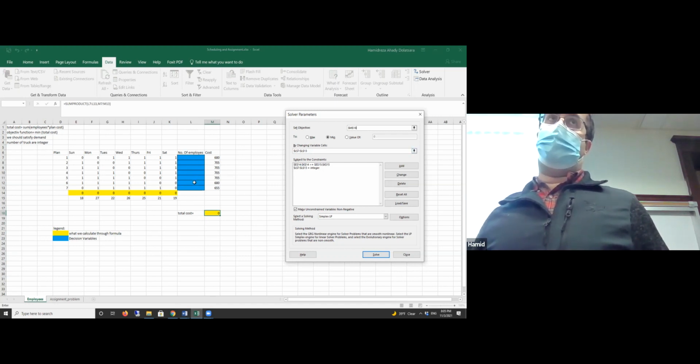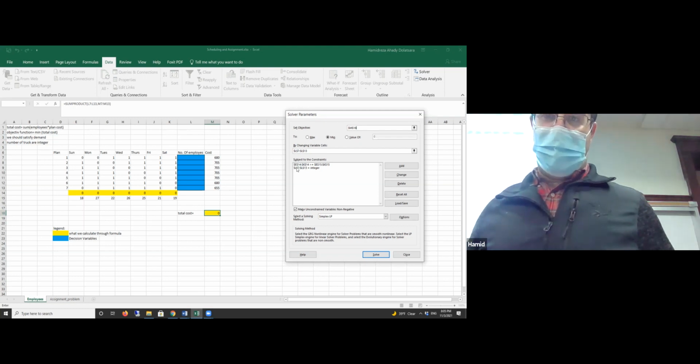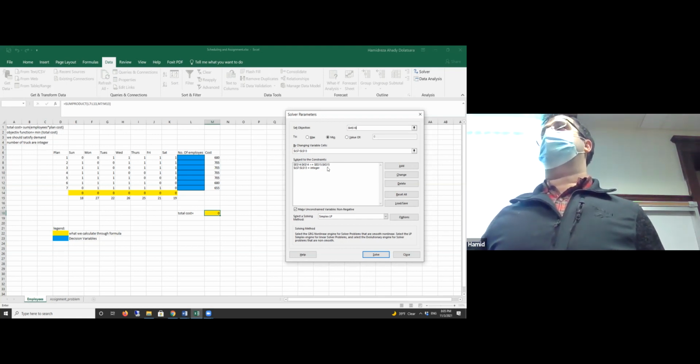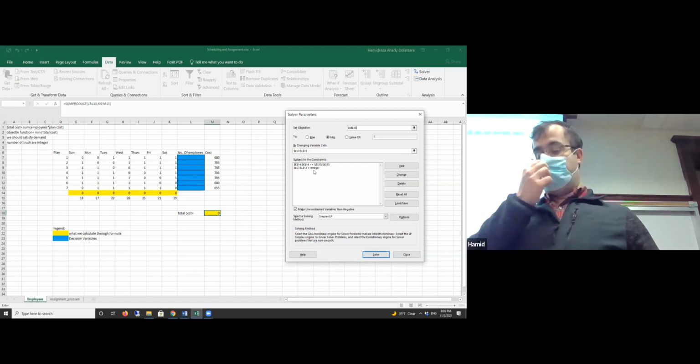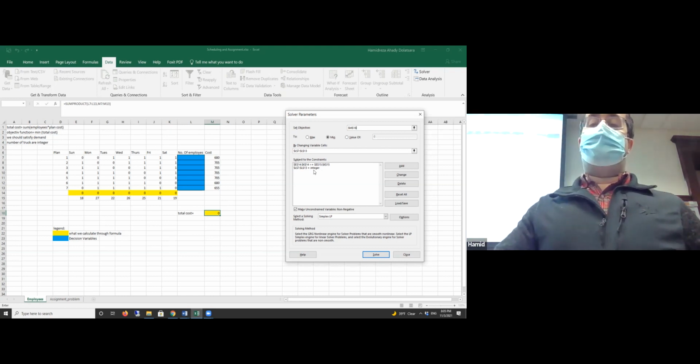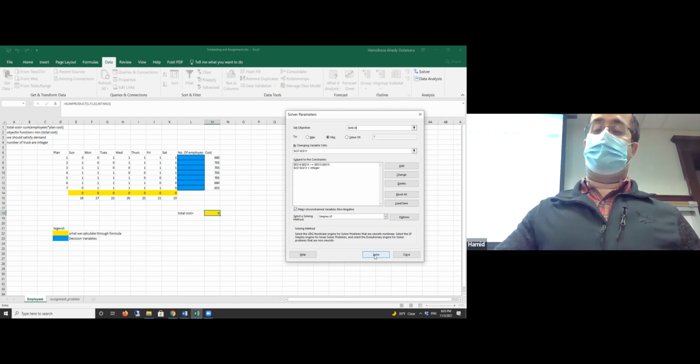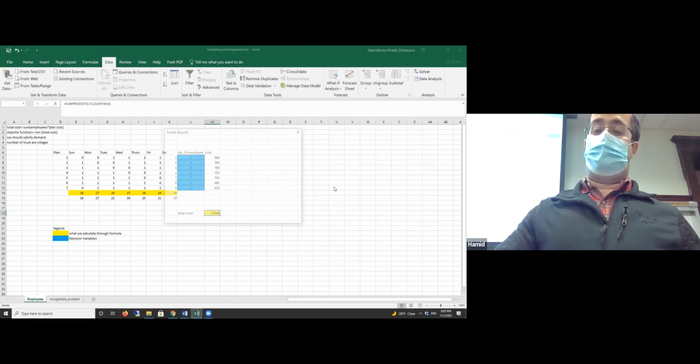I'm trying to find how many plans I need. I know that those yellow cells, E14 to K14, should be greater than E15 to K15, because I should have at least that number of employees on each day. The last but not least constraint is just having those decision variables be integer, because it doesn't make sense if you have half a person or half a plan for certain days. So let's solve.